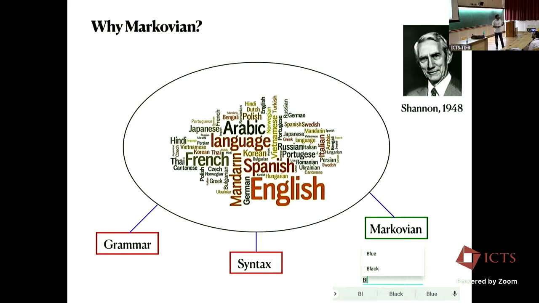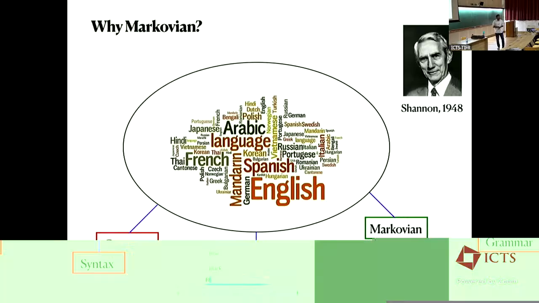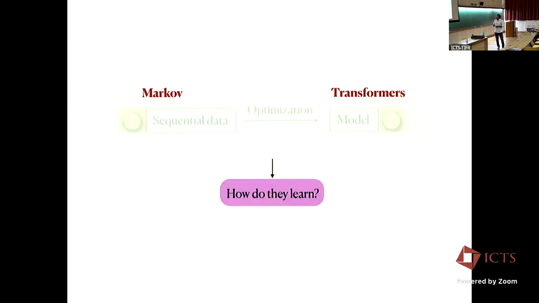This kind of inspiration has been there for many Markovian studies of language, going all the way back to Shannon in the original paper that gave rise to information theory. That's the overall motivation for why we use these Markovian sandboxes.